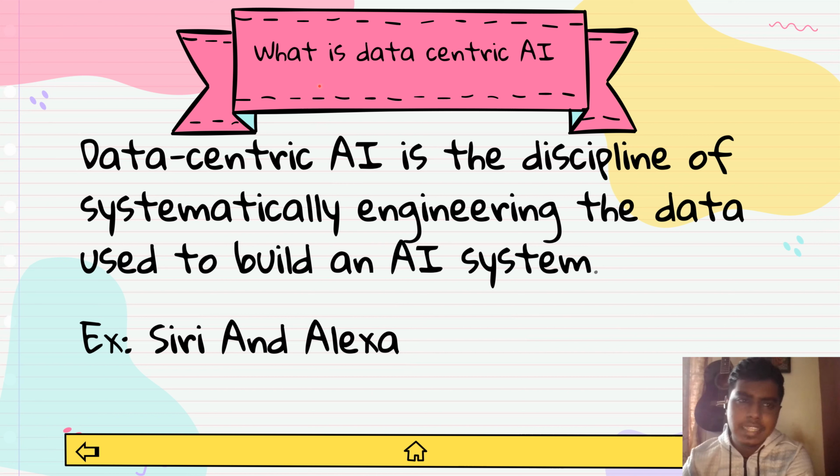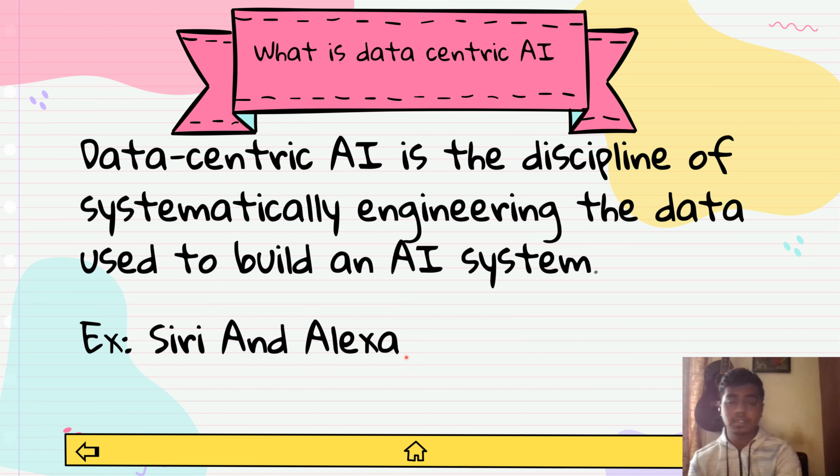So what is data-centric AI? This is the first content in this particular PPT. I browsed a lot of websites and referred to a lot of books, so this is the simplest definition we can get for data-centric AI. Data-centric AI is a way in which we systematically engineer data so that it can be used to build an AI system. And what is an AI system? For example, we can take Siri and Alexa.